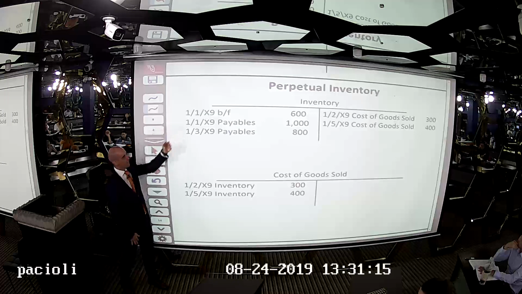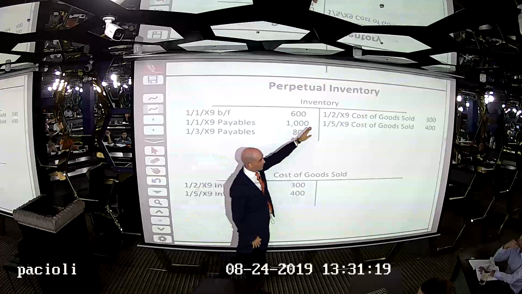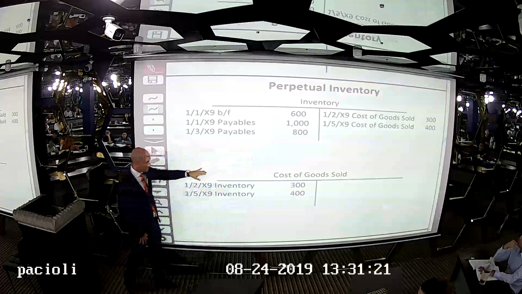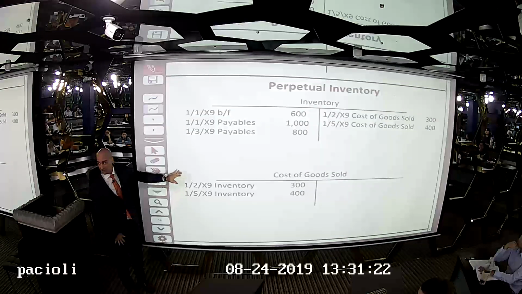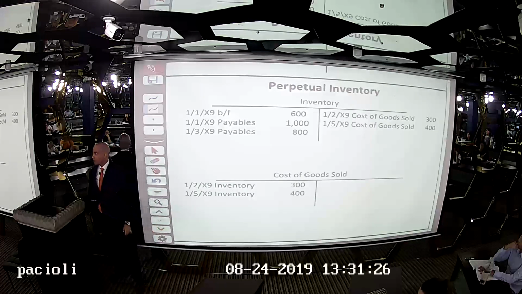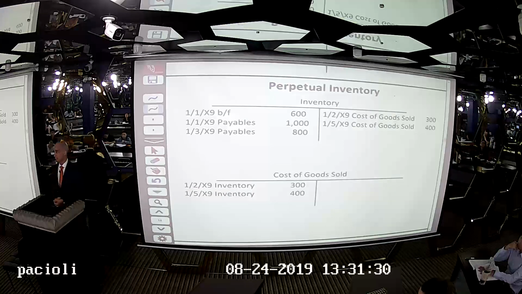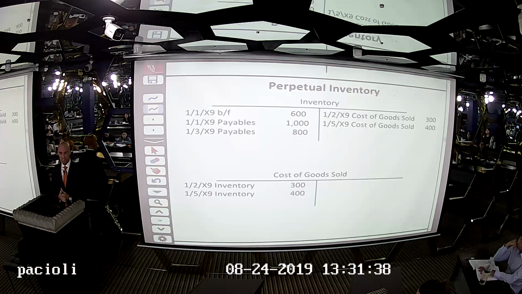Every time you sell, credit inventory, and debit cost of goods sold. So in the perpetual method, you record the cost of goods sold every time you sell. So perpetual means continual. So you are continually recording cost of goods sold every time you sell.